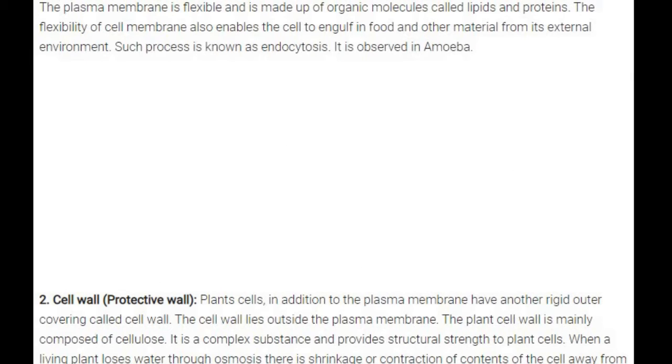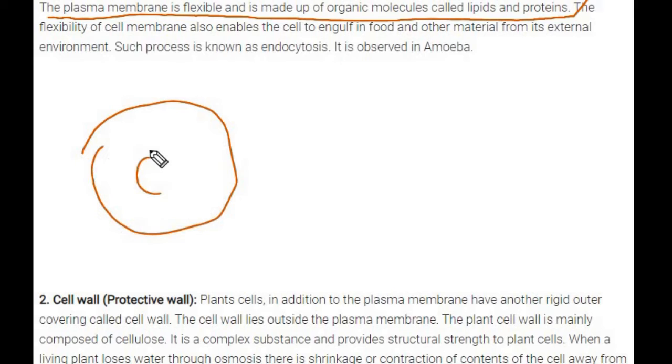If we move forward, the plasma membrane is flexible and is made up of organic molecules called lipids and proteins. So this point is very important. The plasma membrane, if you imagine this is a cell and this is the plasma membrane, we'll represent it by PM.